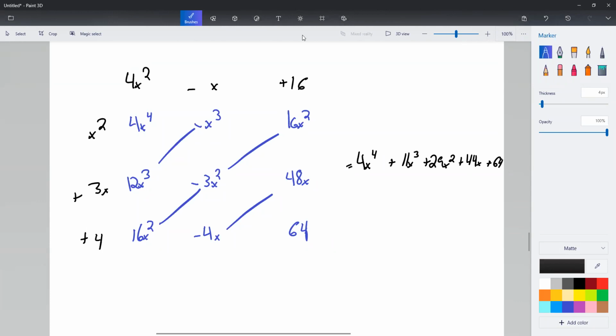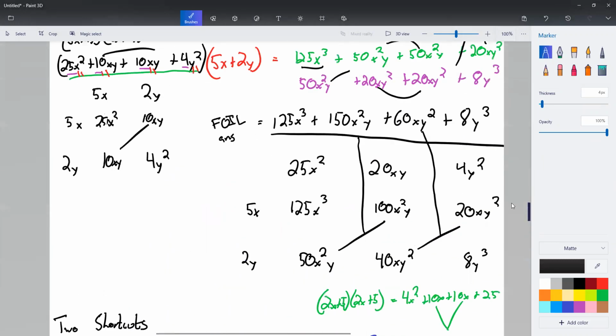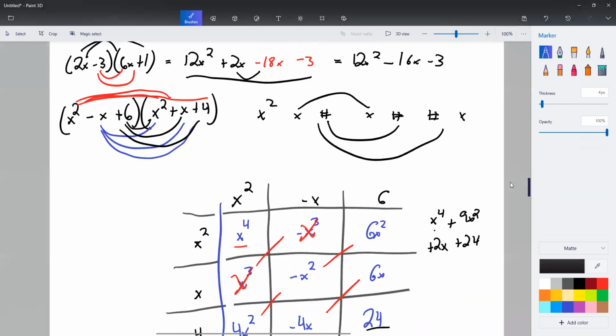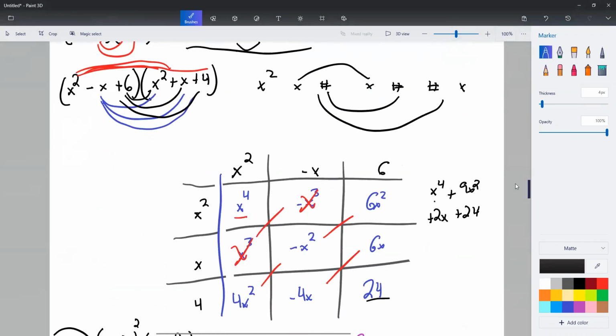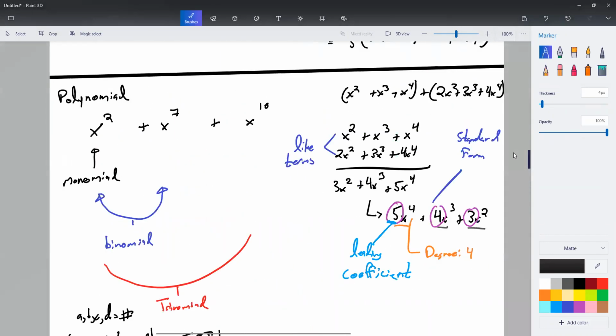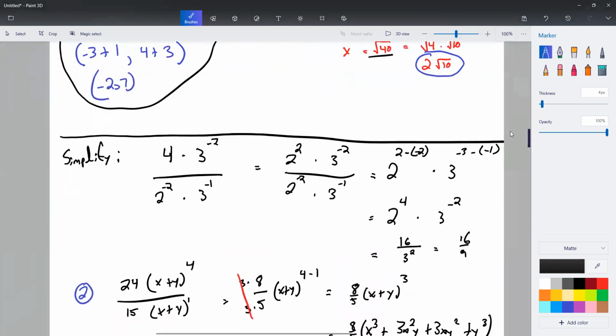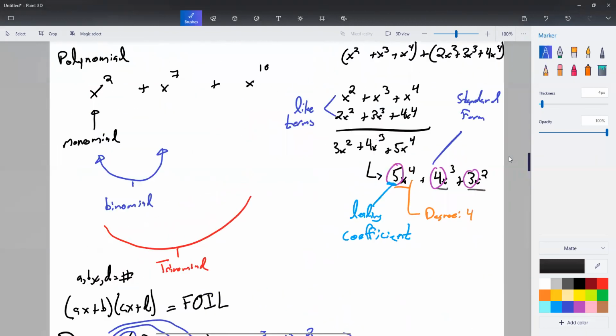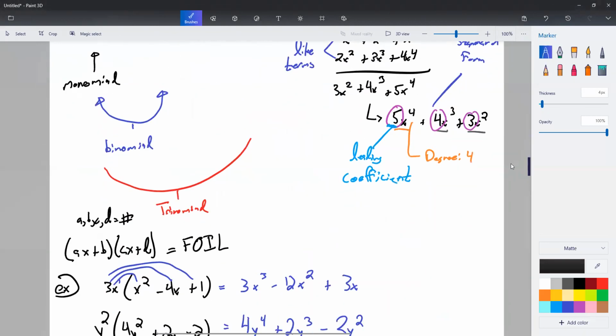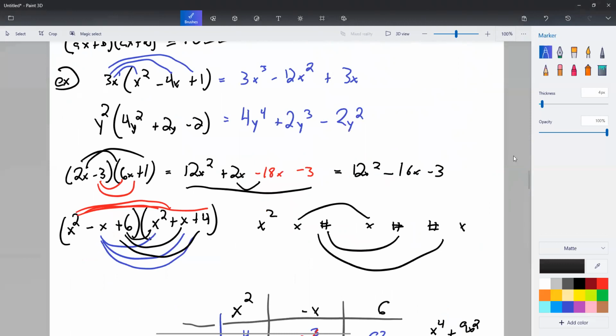The second example you did when we were foiling, the y squared multiplied by 4y squared plus 2y minus 2. I think it was the second example, maybe. There, right there. Okay.